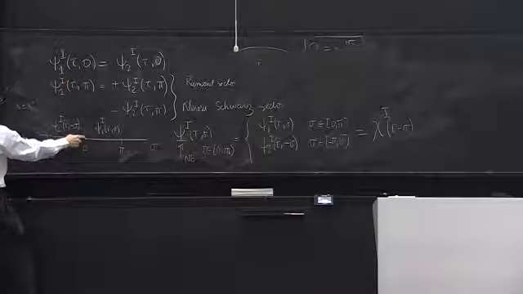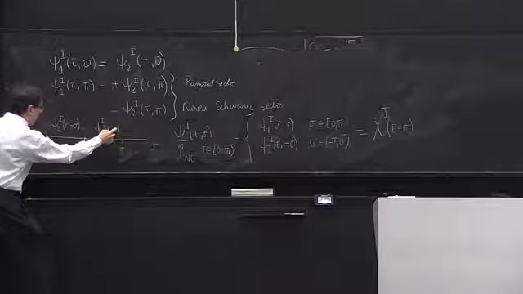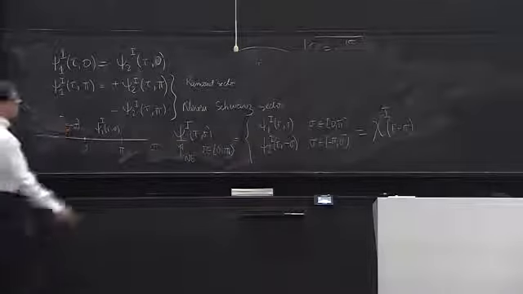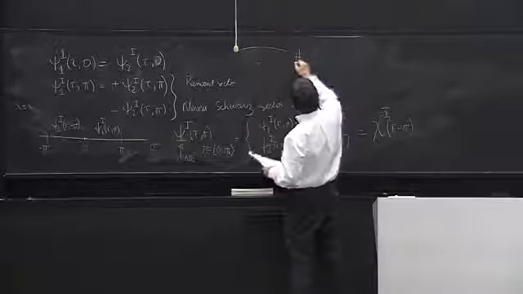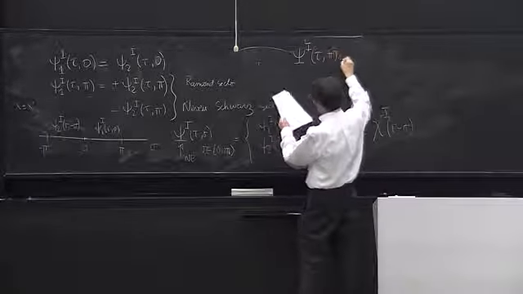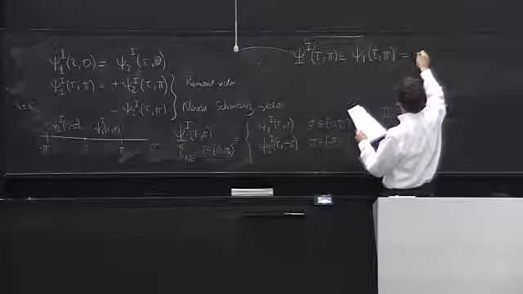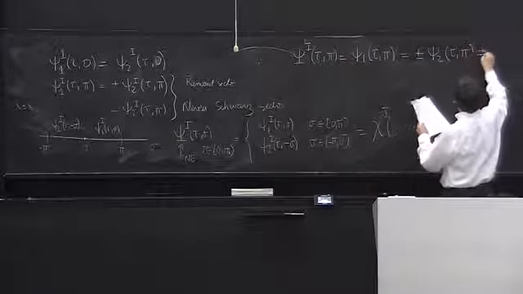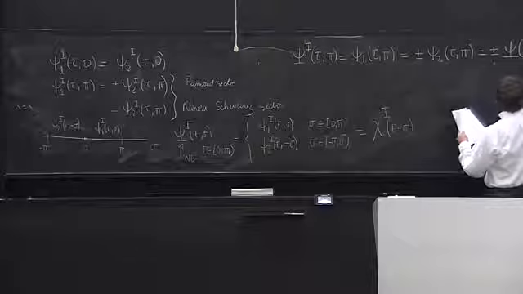Psi2 at 0 and psi1 at 0 match here. But psi1 at pi is going to be either minus or plus psi2 at pi. So this whole field, psi I of tau pi, is going to be psi1 of tau pi, which is plus or minus psi2 of tau pi, which is plus or minus psi of tau minus pi.